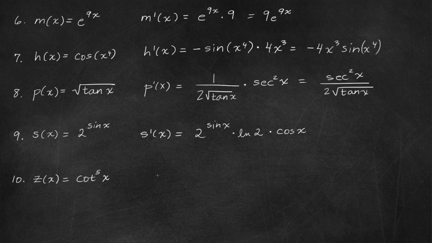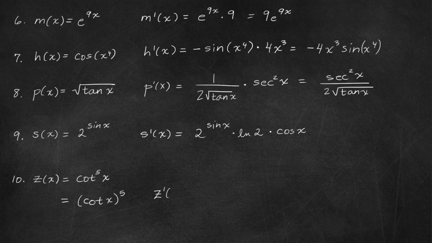Number 10, z of x equals cotangent of x to the power 5. So I'm going to think of this as cotan x all raised to the power 5. So now I can see that the outside function is stuff to the power 5.